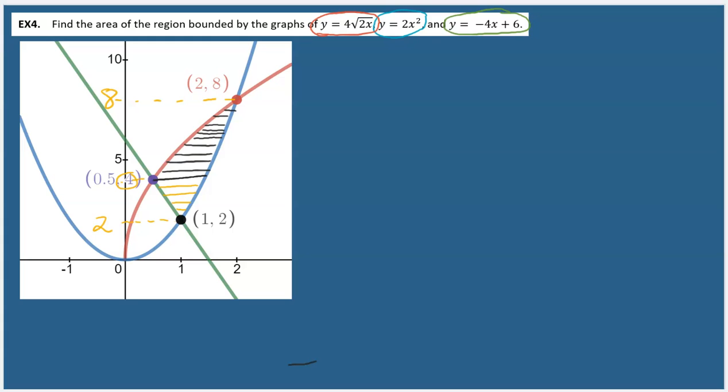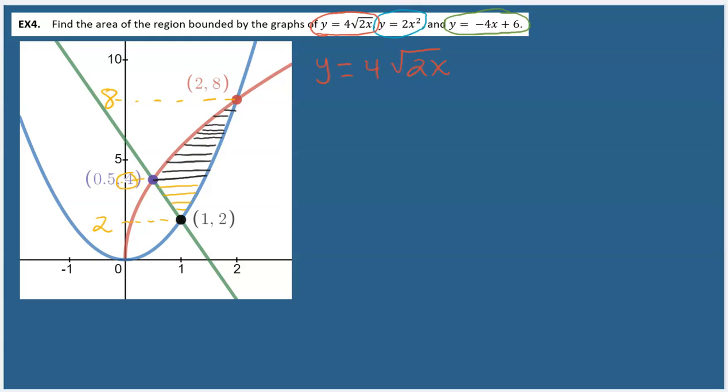Those are your limits on your integrals. Now, because we are going horizontal, we have to change these functions to be in terms of y. So you have to write x in terms of y. First, for the red function, y is equal to 4 square root of 2x.